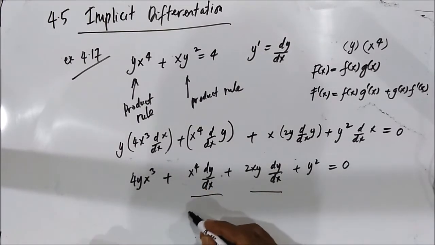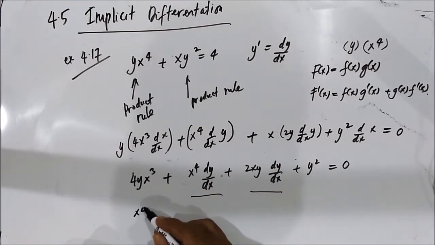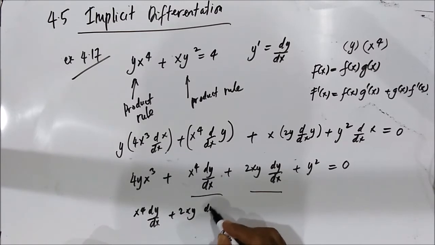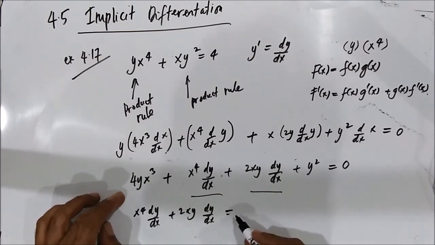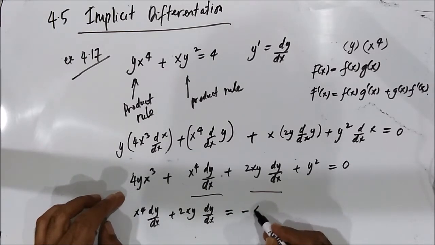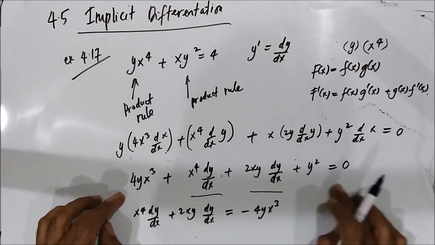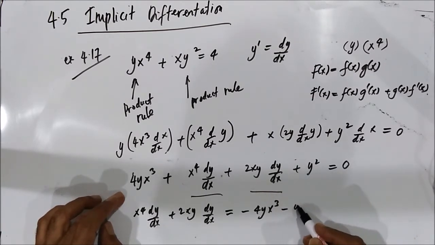So I have x raised 4 dy/dx plus 2xy dy/dx equal to, this thing I bring to the right, we get negative 4y x raised 3, and this thing also I bring to the left, minus y squared.